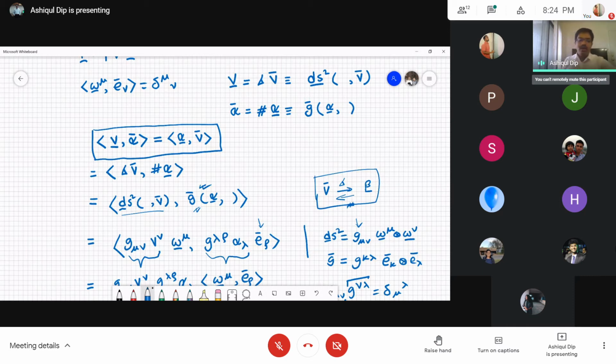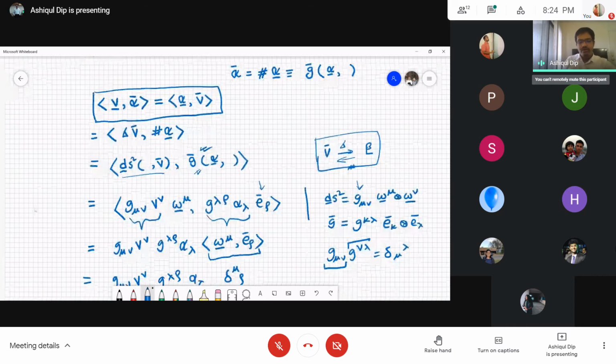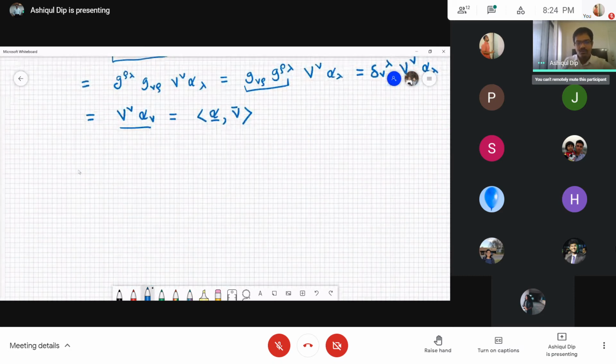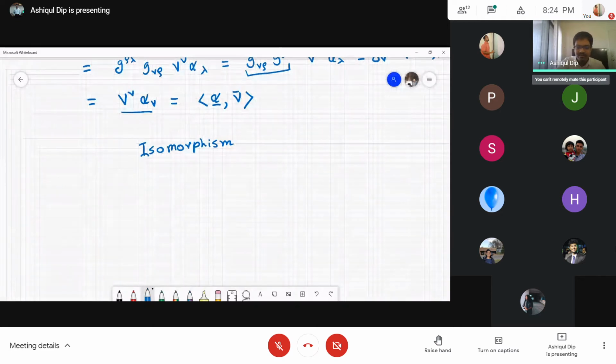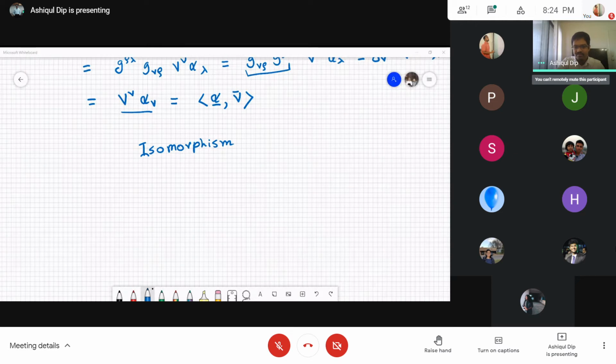Okay, so now let's talk about isomorphism. We have already learned it. Any idea what isomorphism could mean?